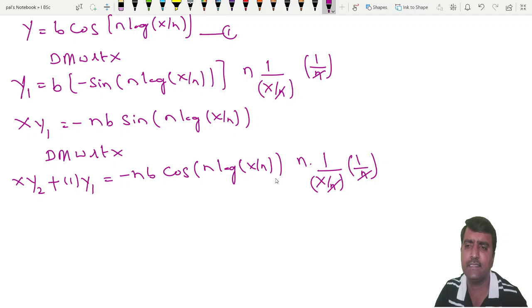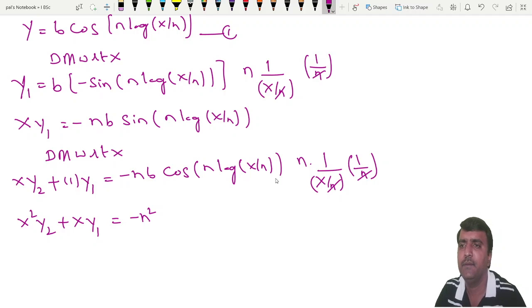Taking this x across, we get x square y2 plus x y1 is equal to minus n square b cos of n log of x by n, because n into n is n square. And b cos of n log of x by n can be written as y from equation 1.